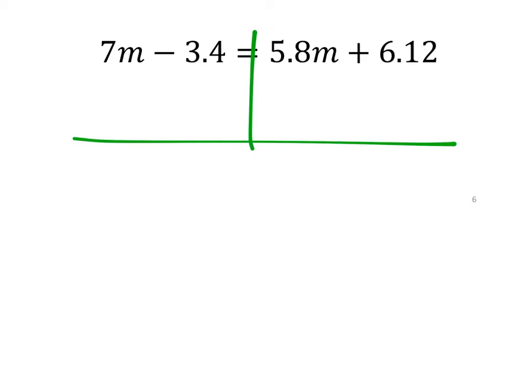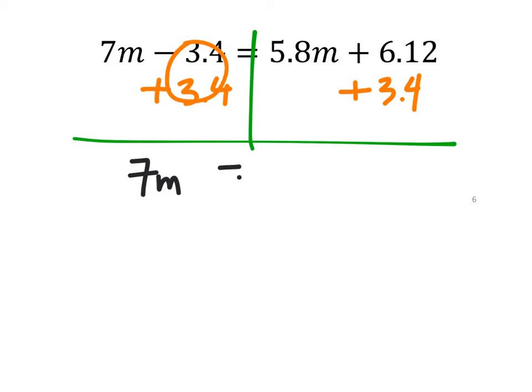So I'm going to keep the m's on the left, which means that this negative 3.4 is on the wrong side. It doesn't have an m, but all my m terms should be on the left side of this equal sign. So I'm going to zero that out by adding its opposite. But again, I'm going to show it as plus 3.4 on the other side as well to maintain the equality piece of this equation. So right now that changes it to 7m equals 5.8m.